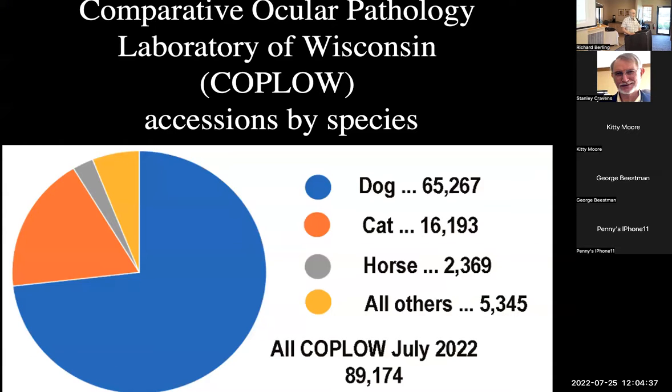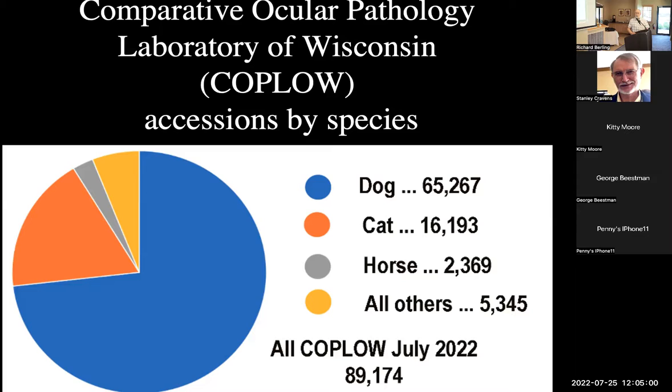So just a little bit about what I do. I retired in 2014 from the pathology faculty at the veterinary school at the University of Wisconsin. And I started a lab called the Comparative Ocular Pathology Lab of Wisconsin, which is a mail-in eye pathology lab. So most of what we do is pathology of eyes.